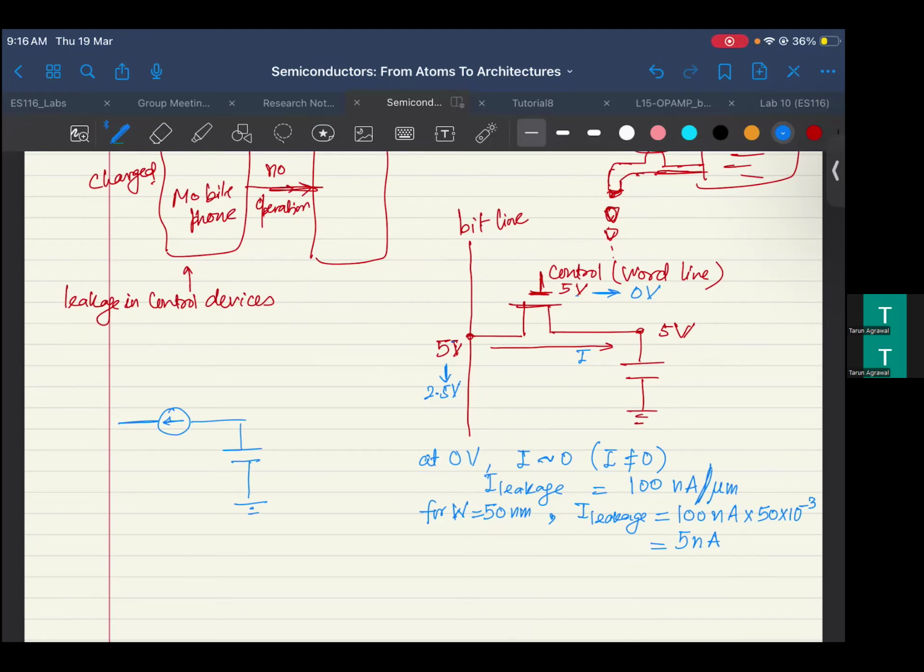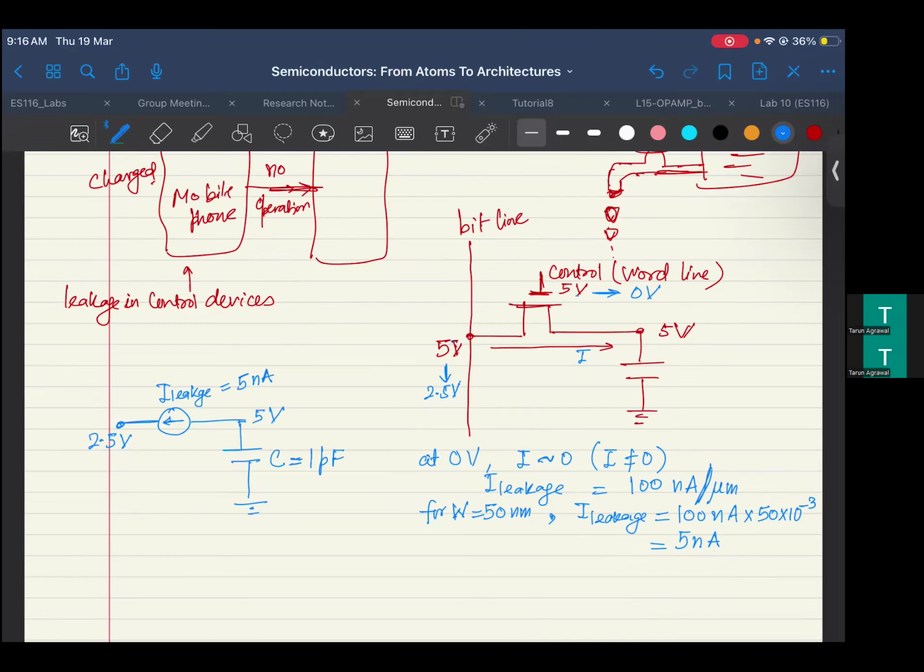We are not directly going to the circuit, but we can have a look at what is going to happen. This node is, let's say, 2.5 volt. This is the I leakage you are having, and this was 5 nanoampere. Now the question is, for the capacitor, let's say it was around 1 picofarad.